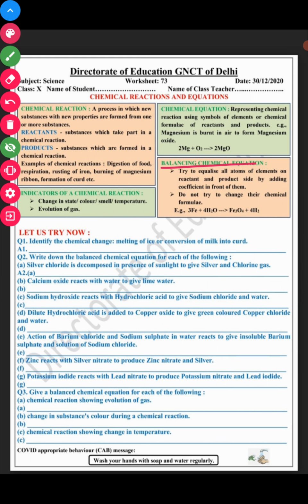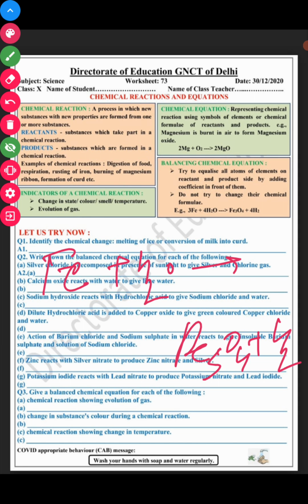Next, balancing of the chemical equation. If we balance the reactants and products sides, it is called a balanced chemical reaction. See, if we take the example of iron reacting with water to give you iron oxide plus hydrogen. Here we have iron, hydrogen and oxygen.